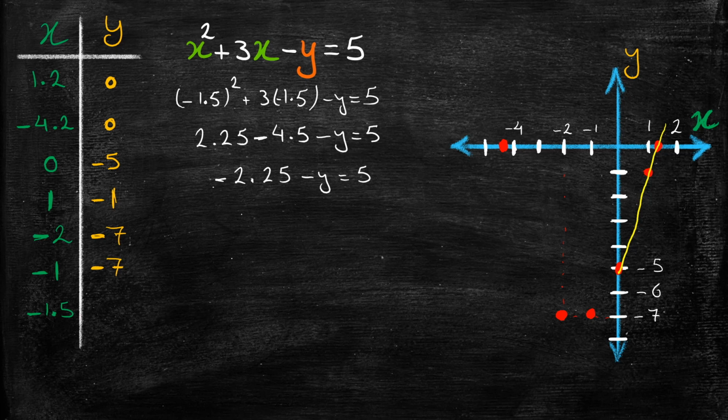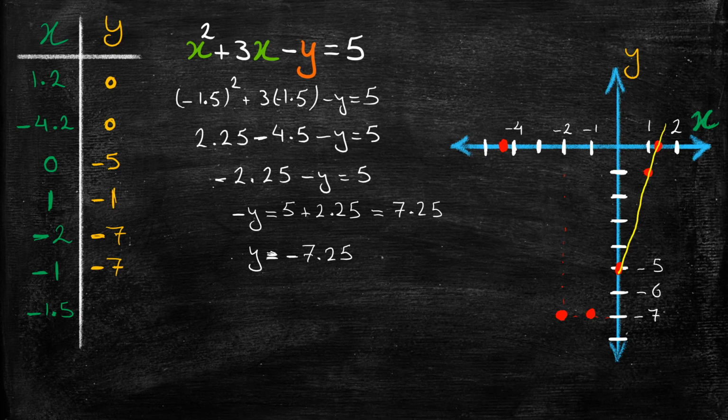Adding 2.25 to both sides of the equation results in -y equals 5 plus 2.25, which is 7.25. And finally, multiplying both sides by -1 to get y as positive and alone on the left hand side results in y equals negative 7.25.